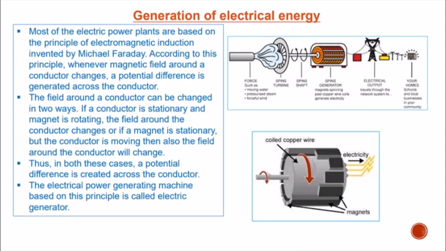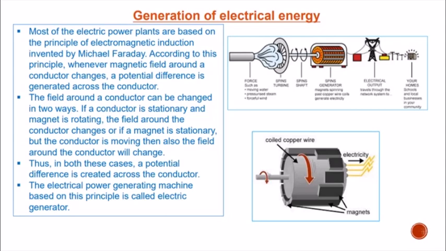So we have two things, the conductor and the magnetic field. In these two things we have to do something so that the potential difference is created. We can do it in two forms. First, the conductor is stationary, we are not moving the conductor, and the magnetic field is rotating. So the magnet is rotating and the conductor is stationary.